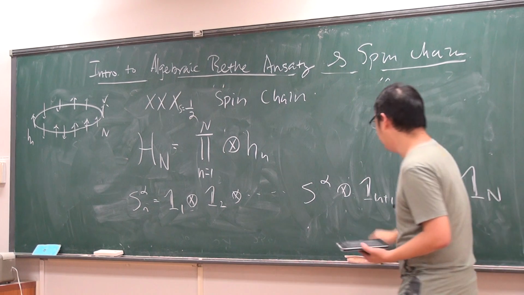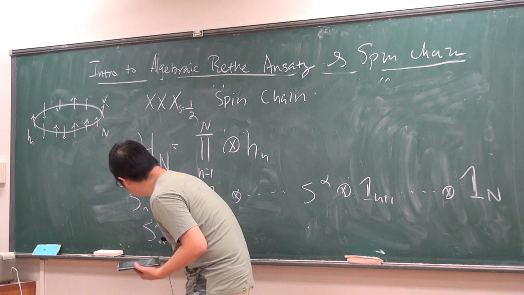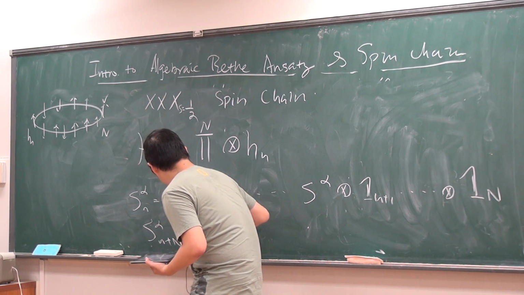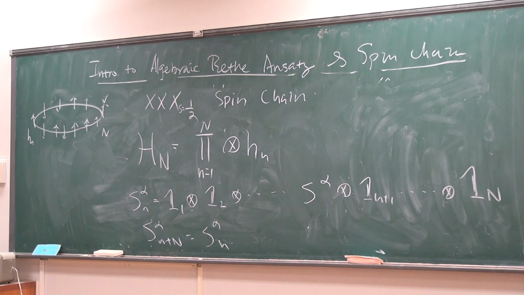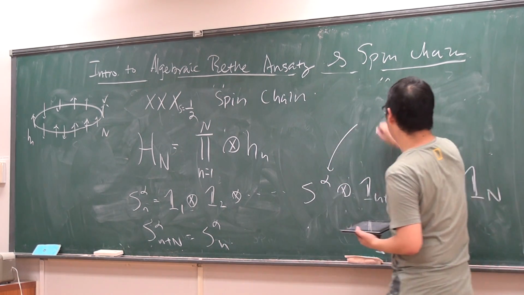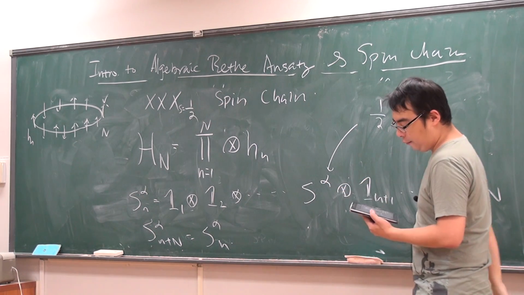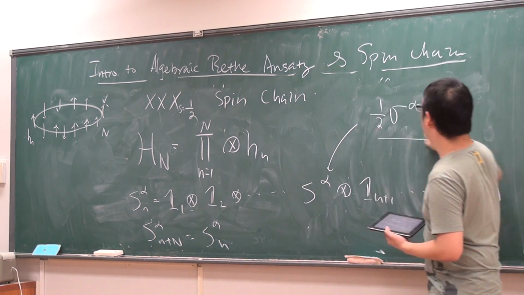And we make the periodic identification. Okay. On each individual site, since it's two-dimensional, we'll be representing the S alpha simply using Pauli matrices.